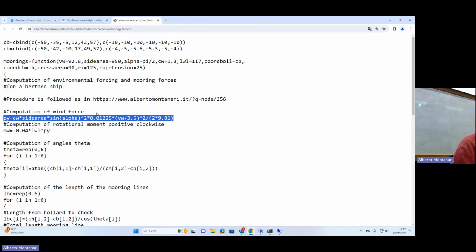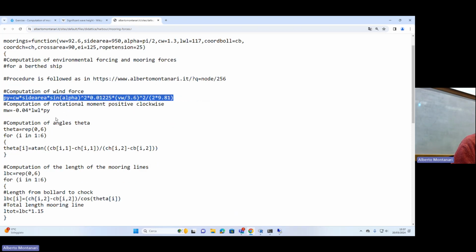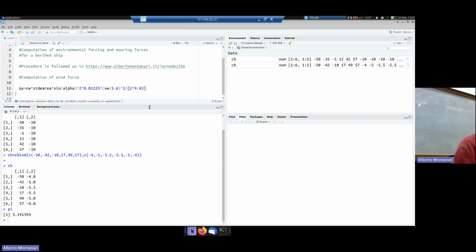The code here is continuing with the computation of the rotational moment, etc. And then with the computation of the mooring forces. I don't want to move forward now because I want to stop here for now. Computation of wind force. So the function is concluded.